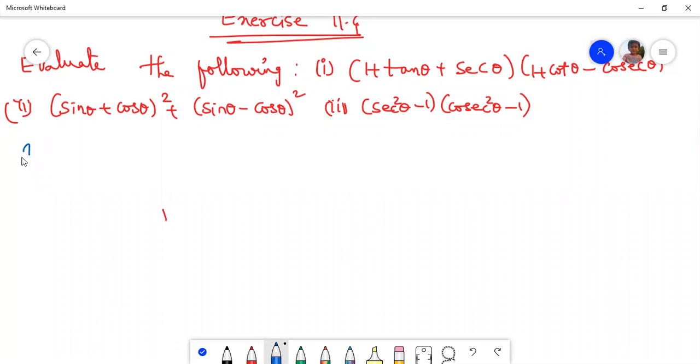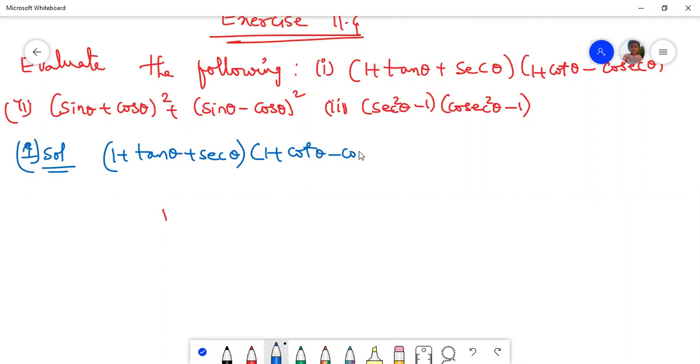We can solve the first one. Solution of the first: we take 1 plus tan theta plus sec theta into 1 plus cot theta minus cosec theta. Just we can take the ratios.